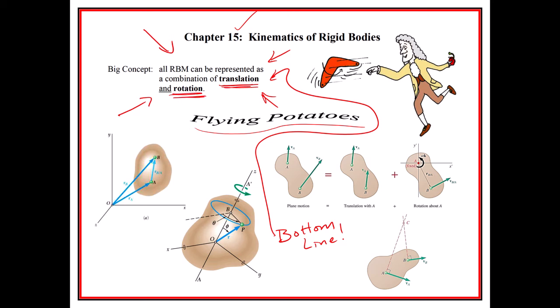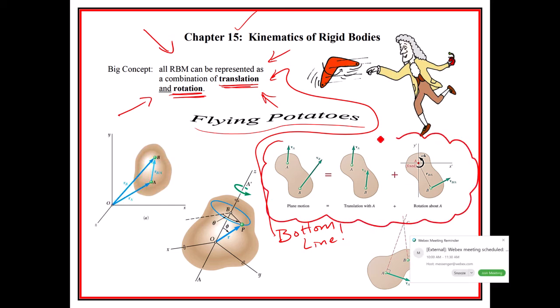The big idea and concept is that rigid body motion is a combination of translation and rotation. And for us, we like to use this in a diagram. It's a 3-part diagram where we say that the motion here is equal to the translation plus the rotation.